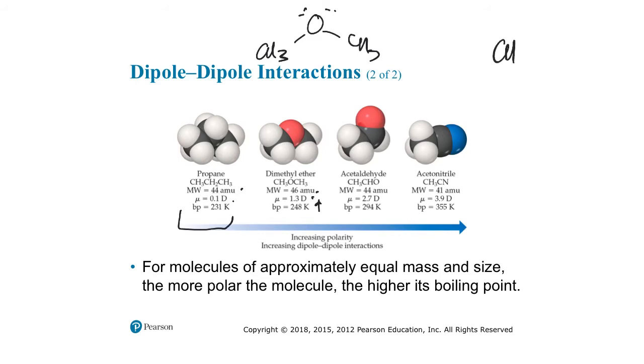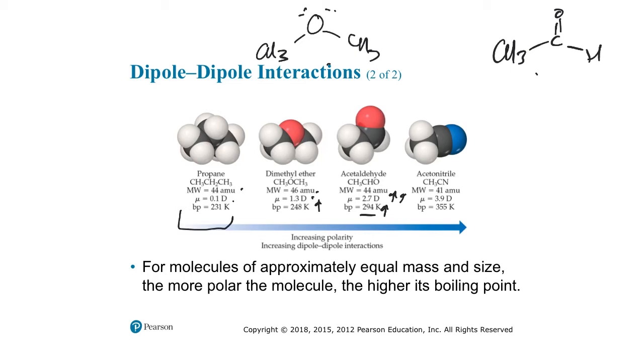Acetaldehyde, if we put a CH3 group on a carbon with a double bond, it turns out that this molecule has a greater dipole moment. I don't know if you would predict that acetaldehyde has a bigger dipole moment, but given that it does, you would predict that should increase its boiling point, and it does. So the boiling point of acetaldehyde is higher than the boiling point of dimethyl ether.